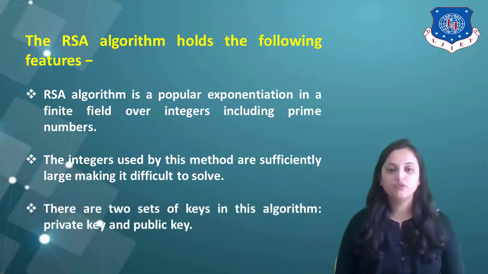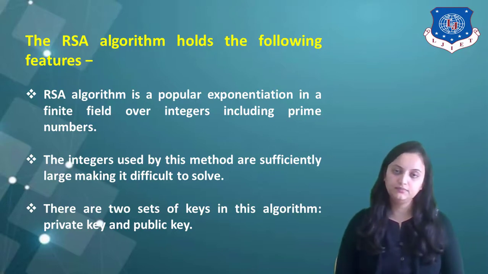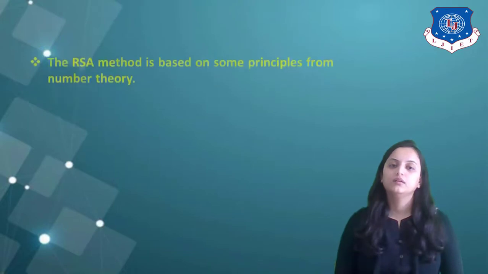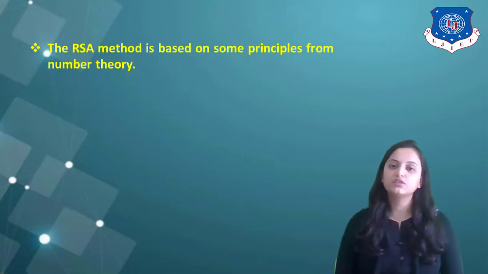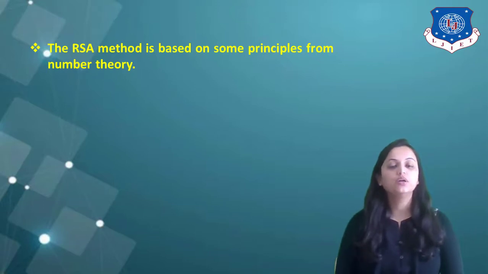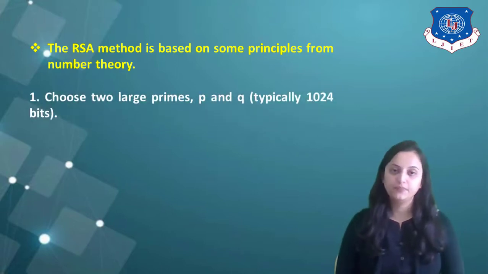There are two sets of keys in this algorithm. The first one is the public key and the second one is the private key. Now, the RSA method is based on some principles from number theory. That means here we need to use prime numbers, multiply them, and perform some operations on them. So let's see how it works.